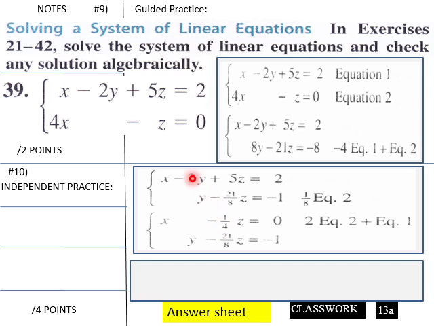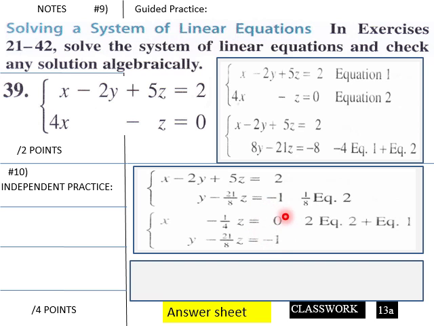So this will go away here, and we end up with x minus 1 over 4 z equals 0. And then we end up down here for equation 2 with y minus 21 over 8 z equals -1.